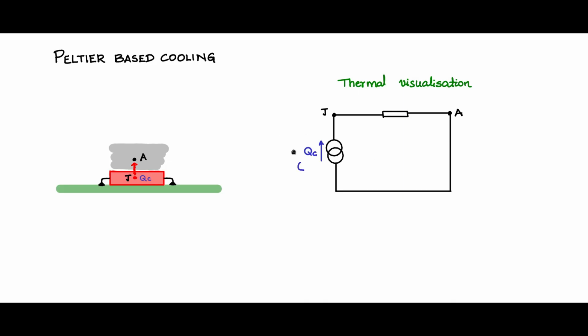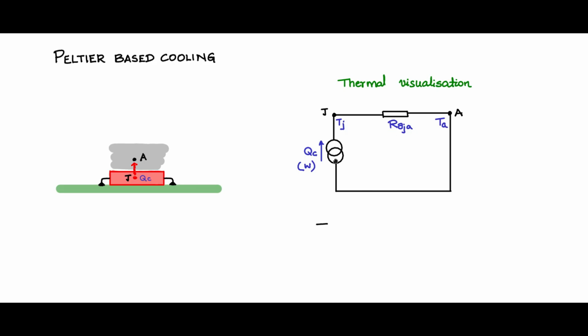So now let us say that this QC watt is flowing. This node is at a temperature called Tj, that is the junction temperature, and this node is at a temperature Ta, and that is the ambient temperature. And this element I am calling it as R theta Ja, thermal resistance from junction to ambient Ja.